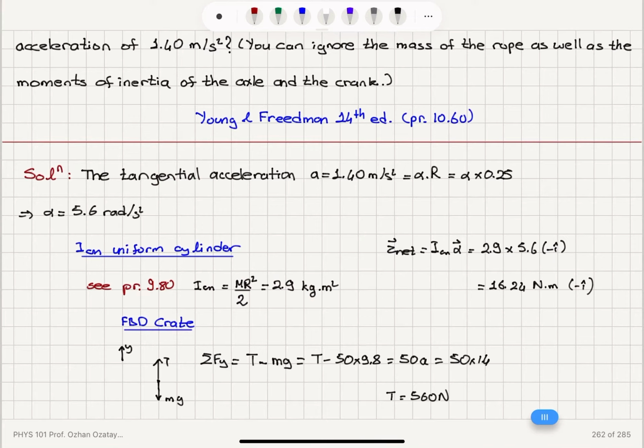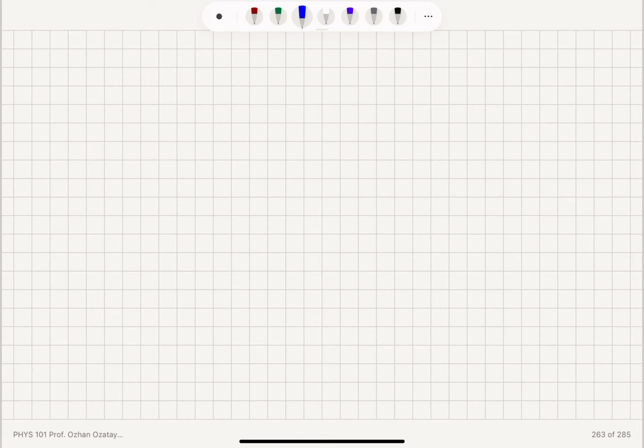So if we calculate the torque acting on the wooden cylinder, there is a contribution coming from the tension. The net torque will have a T times R times i hat contribution from the tension.